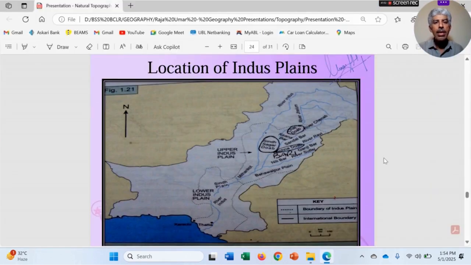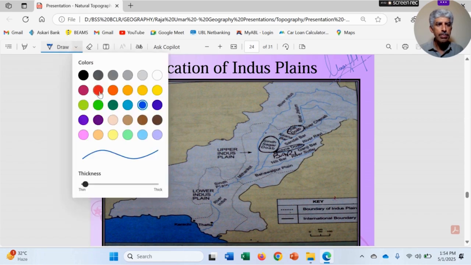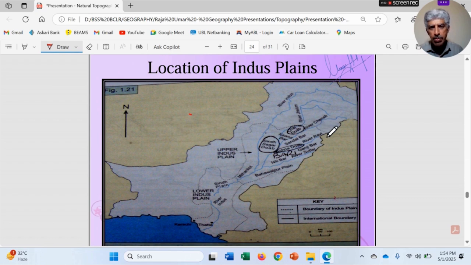So let's start. Here we have the location of Indus Plain, and you can see over here that the location of Indus Plain is beyond the Potwar Plateau down towards south and western region, and this whole area of Balochistan as well.